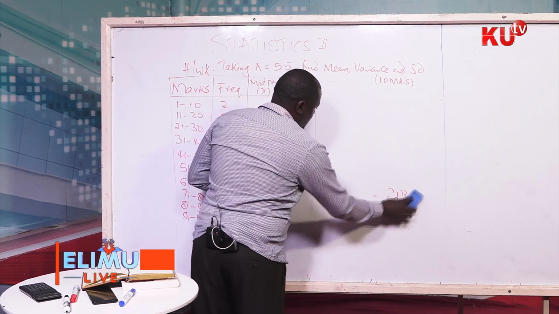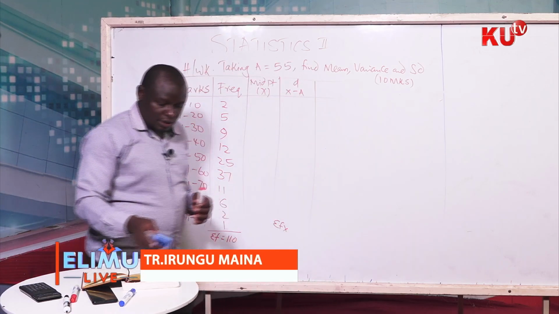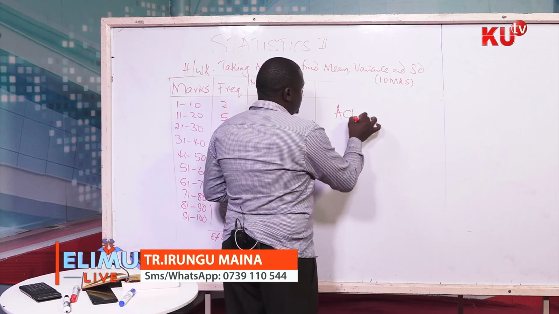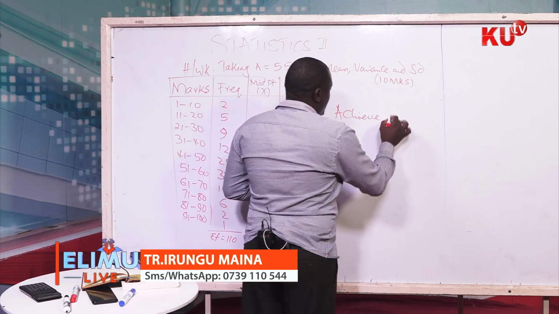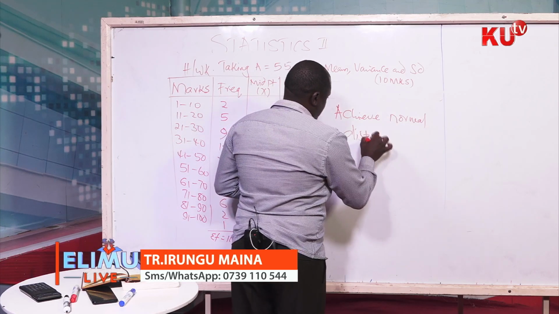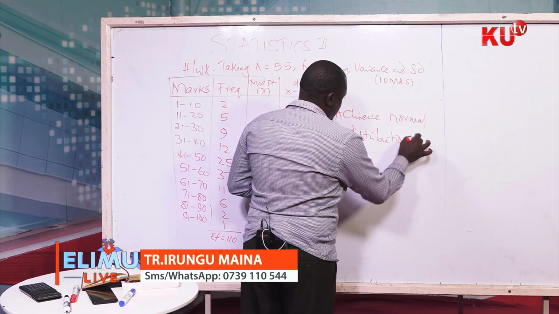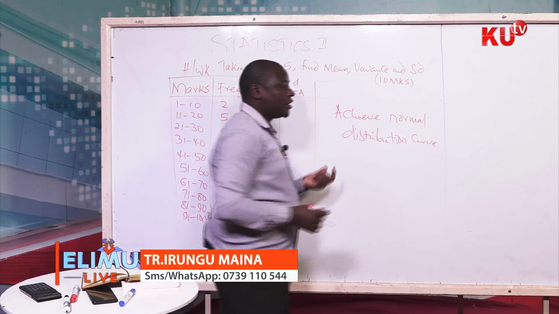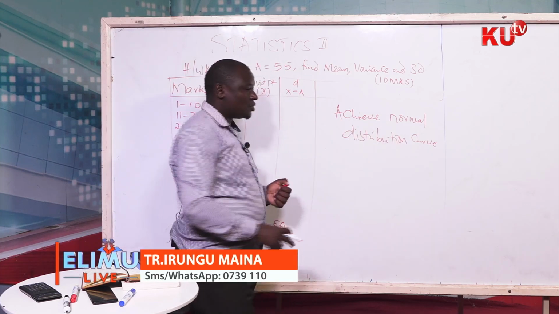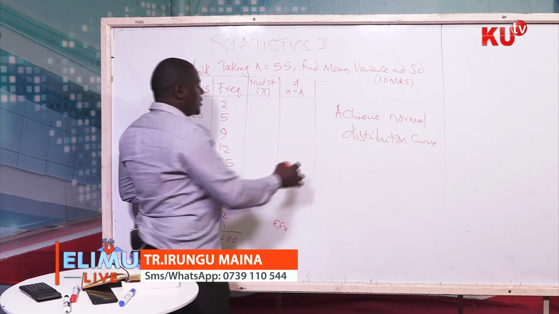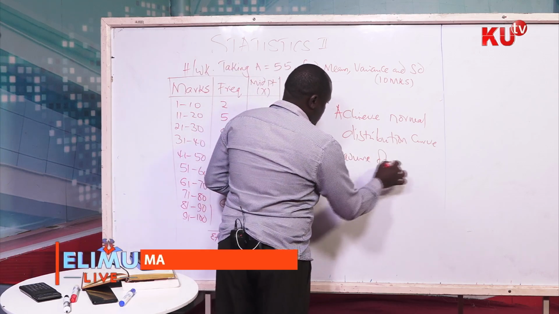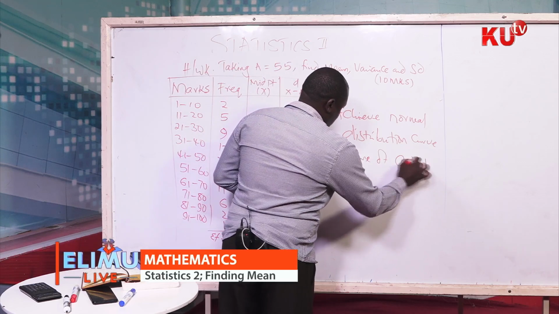It measures the spread because, again, any data must achieve a normal distribution curve. Any data that is well collected, that is well meaning, must achieve a normal distribution curve. So basically what we have done, we have discussed measure of central tendency.